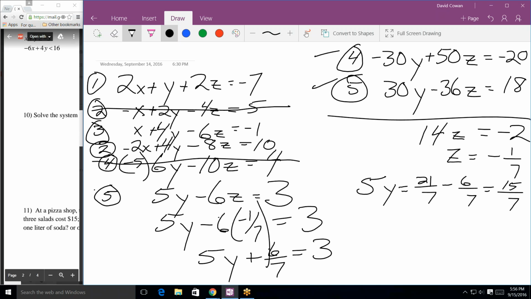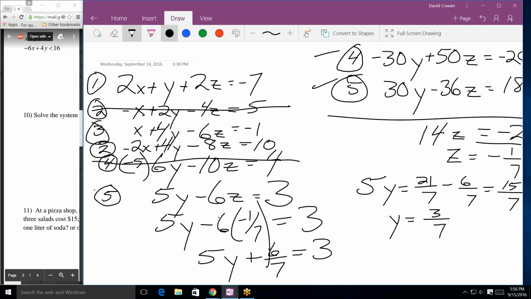That's 5y. Divide everything by 5 and you get y equals 3/7. Okay? Okay. So I've solved for z. I've solved for y. Now I still have to solve for x.